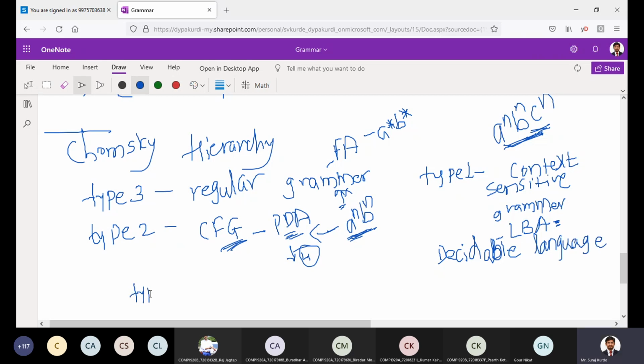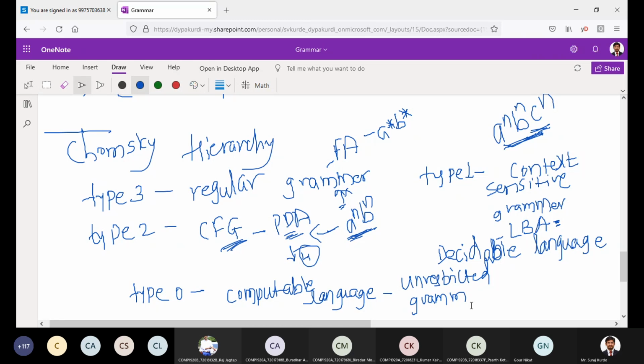The last is type 0. It's called a computable language. It is unrestricted grammar. There is no condition on grammar. And for this we have Turing machine. The example is n factorial. Now, what is Turing machine? What is PDA?